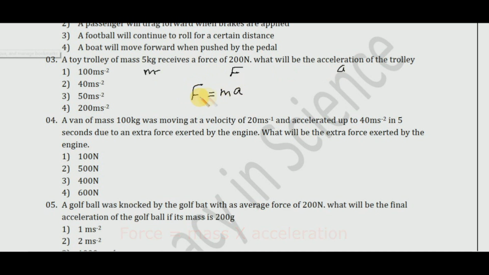Now you are going to find the acceleration, so I make acceleration the subject. If you divide both sides by m, the m cancels out, and acceleration equals force over mass. So force is 200 newtons.